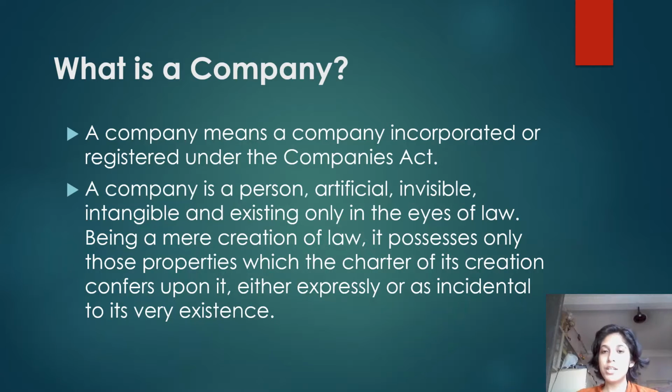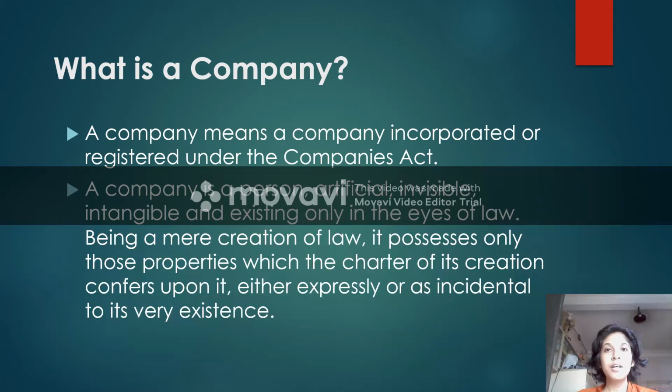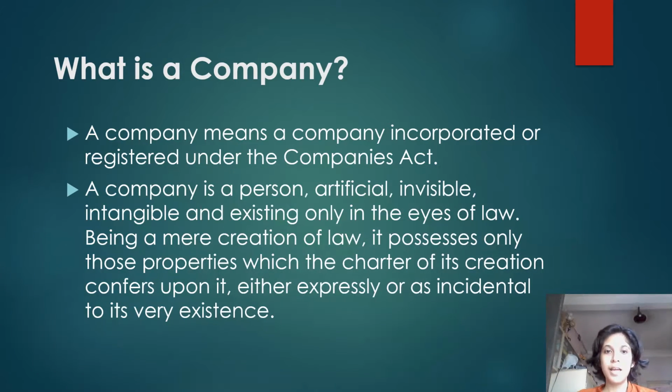Being a mere creation of law, it possesses only those properties which the charter of its creation confers upon it. It means that whatever the rights and duties of the members, or whatever the rules and regulations given by the Companies Act, those should be followed by a company.